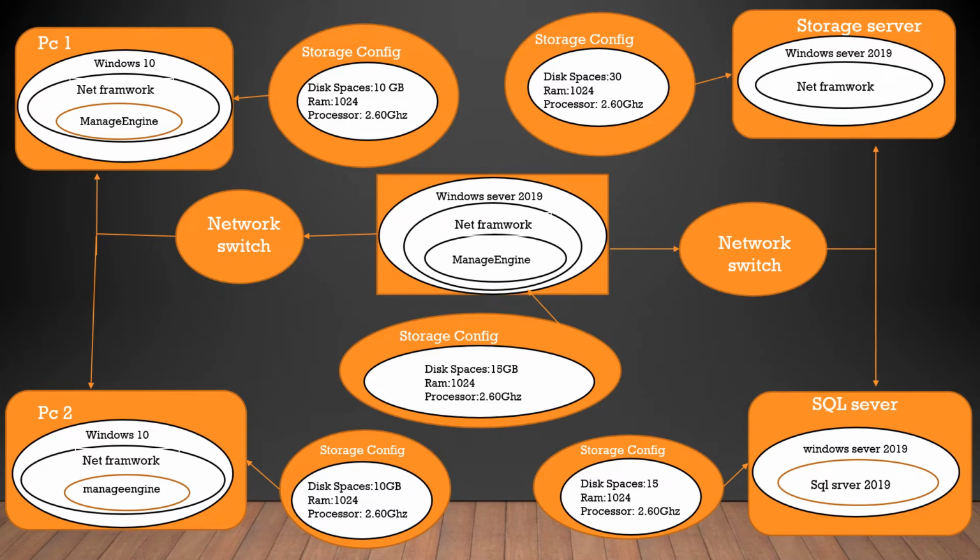For the storage server, there is 30 GB of storage, 1 GB RAM, and the same processor. So I have two PCs, two end devices, and two network switches. One will be connected to the servers and the domain, and one switch will be connected to the domain and two PCs.